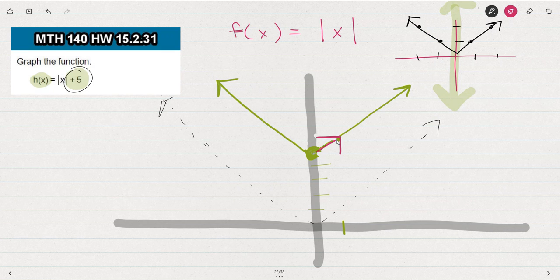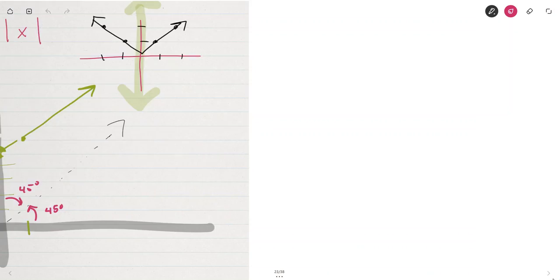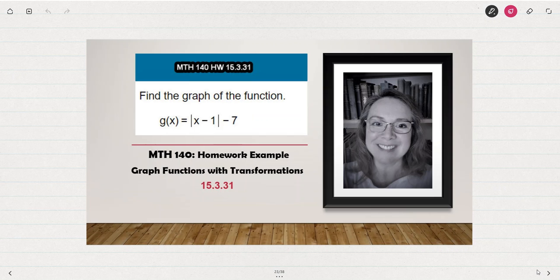And the absolute value should cut that at 45 degrees, so it's precisely half. So when we draw this, you want to make sure that this angle is 45 degrees, half of 90, so it's equal on both sides. But anyhow, that's how you'd graph this absolute value of x plus 5. I hope that helped with the graphing.